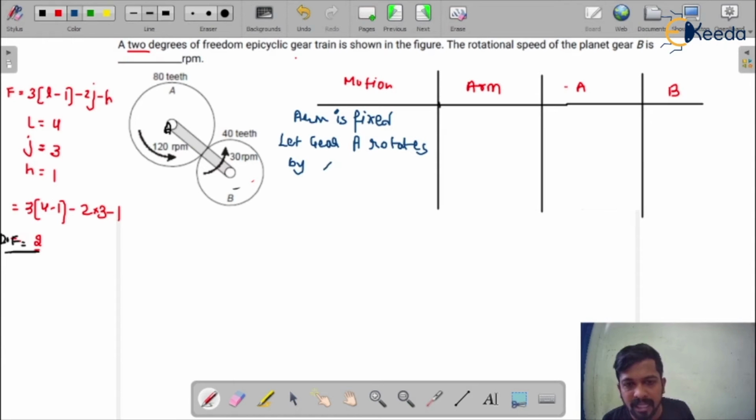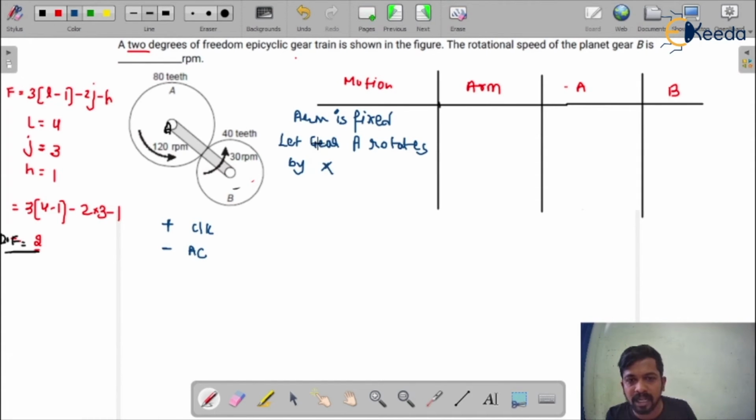Let gear A rotate by plus x rpm. I'm considering the plus sign for clockwise direction, so plus means clockwise. This is my assumption. And the minus sign I'm assuming for anti-clockwise direction.